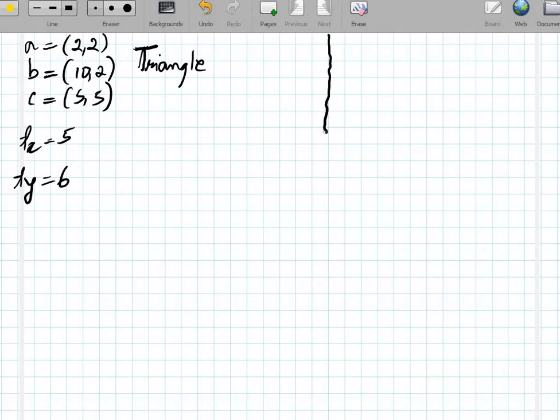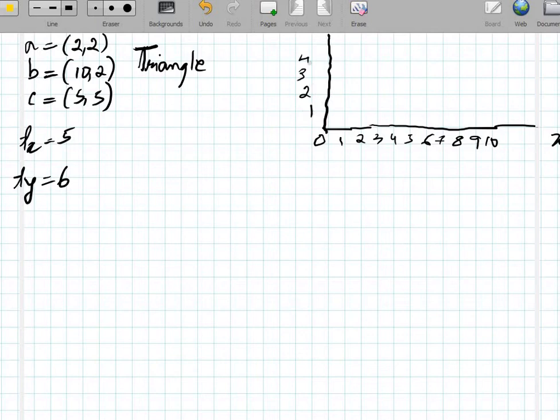We have here 0, 1, 2, 3, 4, 5, 6, 7, 8, 9, 10 on the x-axis, and 1, 2, 3, 4, 5 on the y-axis.